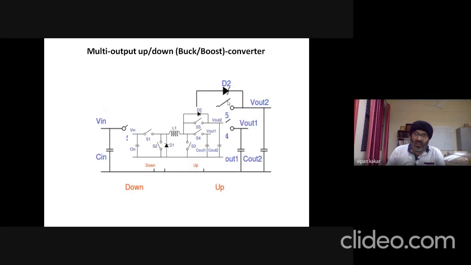So then we need switches so that the down configuration is connected to Vout1 or up conversion is connected to Vout2, or vice versa.